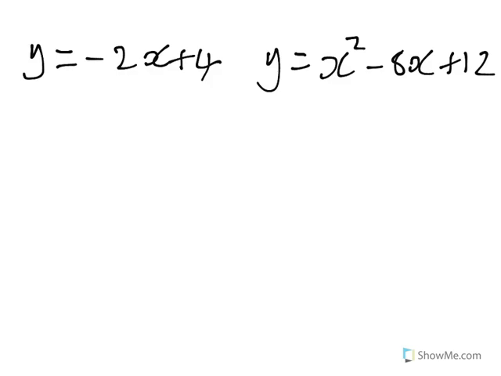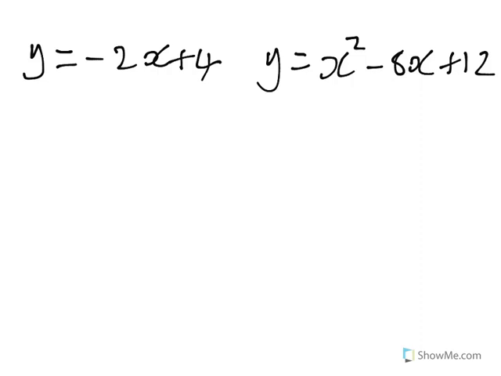Okay, so here are our two equations. A question will say something like: find the points of intersection between the straight line y equals negative 2x plus 4 and the parabola y equals x squared minus 8x plus 12. At the points of intersection, the x and y value at that spot is the same for both.